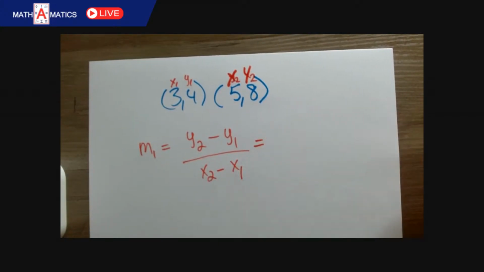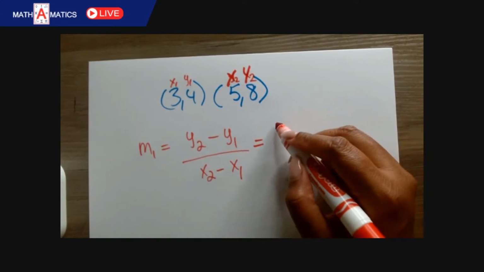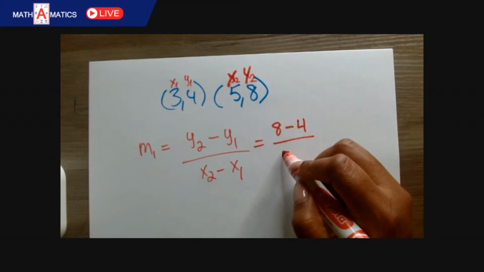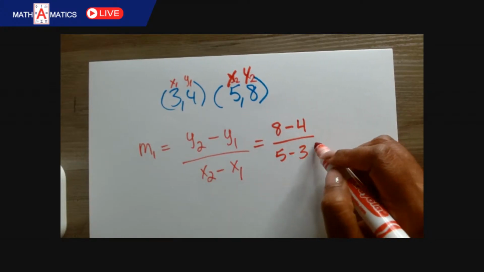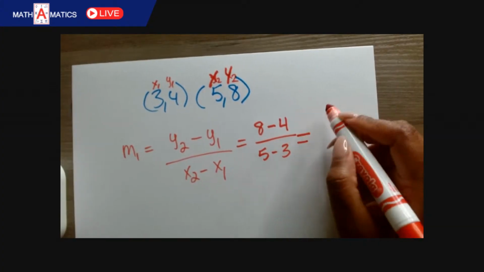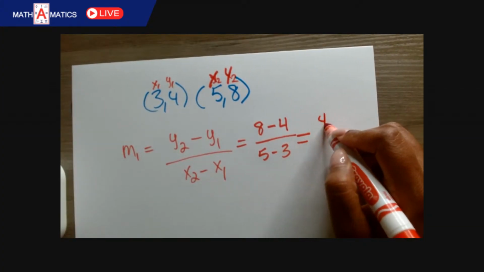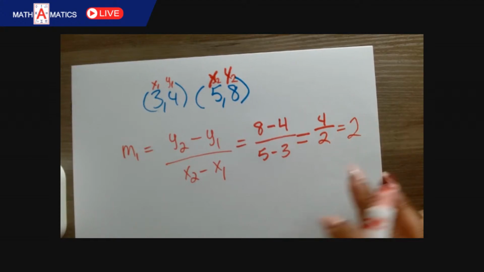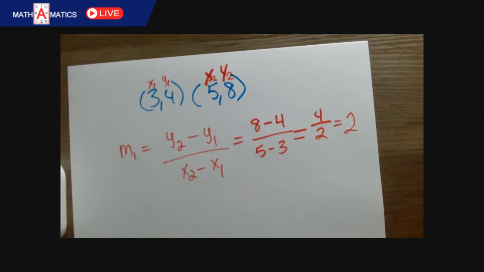All right, so now we're going to plug in our numbers. So over here, we're going to have 8 minus 4 over 5 minus 3. And we're going to solve. So we get 4 over 2, which is equal to 2. So now we have our slope.